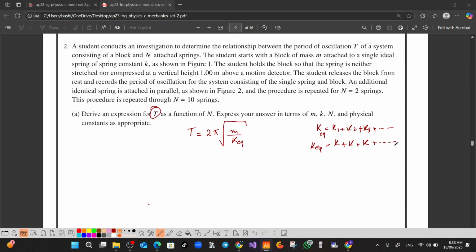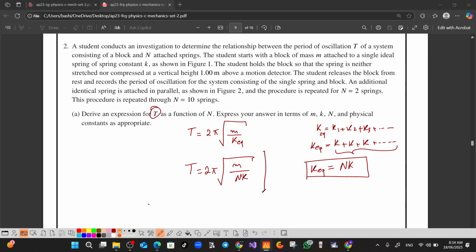Now we add all the Ks up to n, or we can rewrite our equation as n times k, because we have n springs, so we multiply this n number with k. In this way, we can find the equivalent k. So let's substitute it in our equation: T equals 2 pi radical M over n k. This is our relationship in terms of n, in terms of k, and the physical constant.